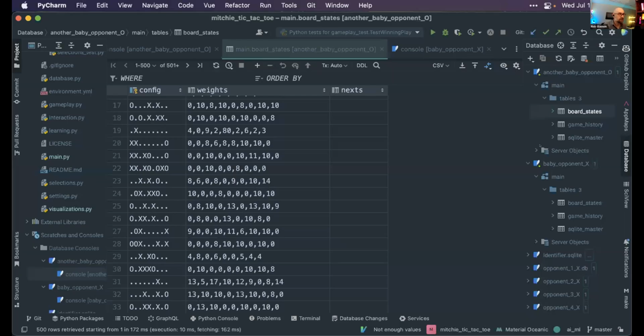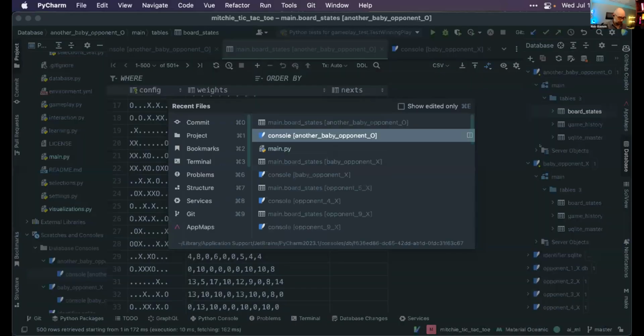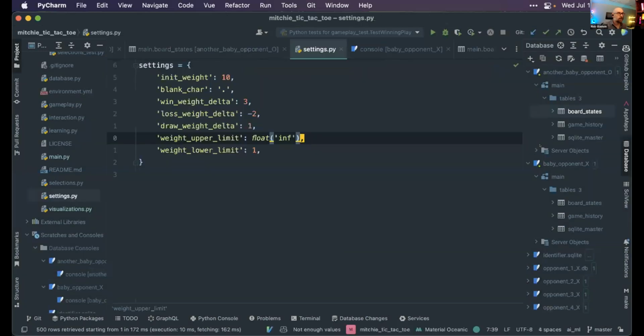And that's one of the things I played around with, actually. I have this settings file. It sets these initial weights. You can also change the win weight delta, which is how much it increases by if it wins, and how much it goes down by if it loses, or how much it changes for a draw. And then you can change the weight lower limit.